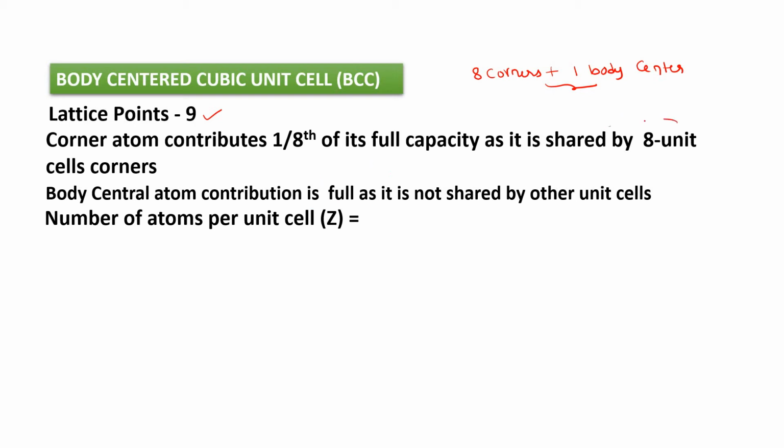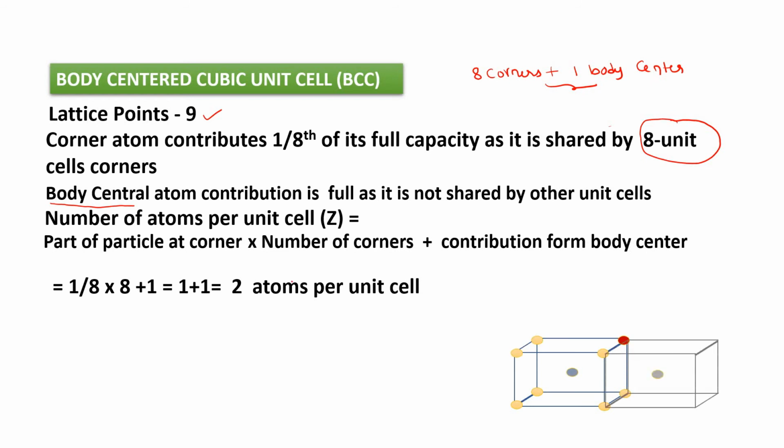And the atom present at the body center is not shared by any unit cell. When you place an atom at the body center, it is not sharing with any other unit cell. In that case, what happened?